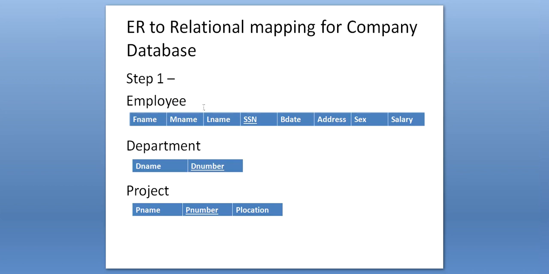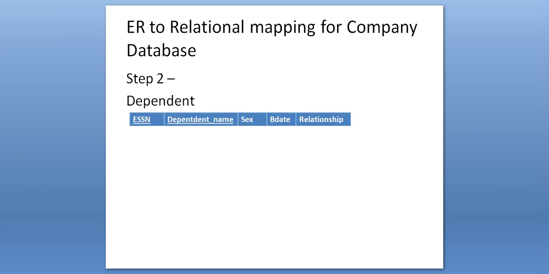So this corresponding relation is going to have some primary key, isn't it? Here SSN was the primary key. So this SSN primary key, we have to use as a foreign key here in the relation representing the weak entity type. So that's why I have changed the attribute name to ESSN.